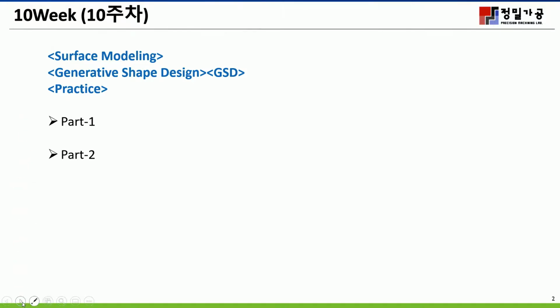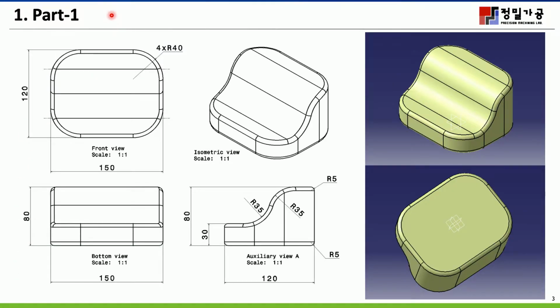Okay, what are part 1 and part 2? Let's see. In the case of part 1, this surface has dimensions of length 120 and 150 and height about 80 millimeters.